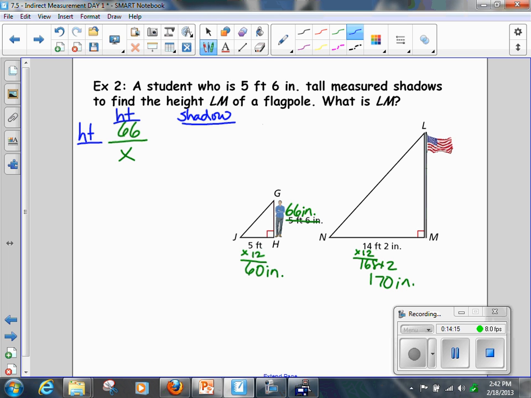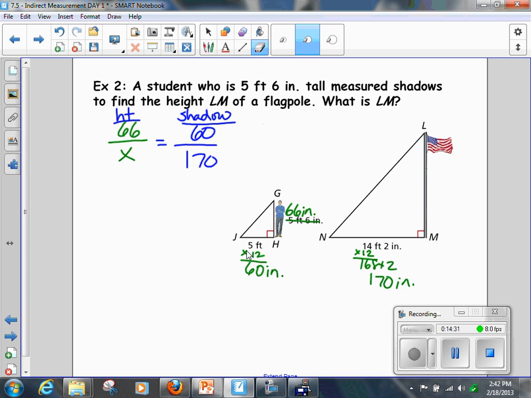That's fine. So if he has the height of the man over the height of the pole, it's going to be equal to 60 over 170.